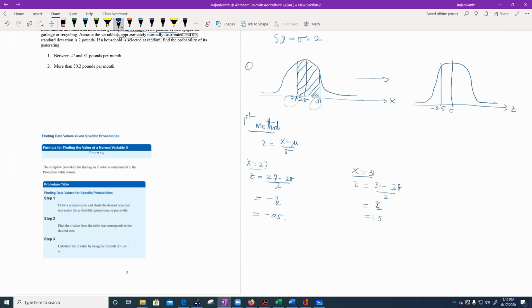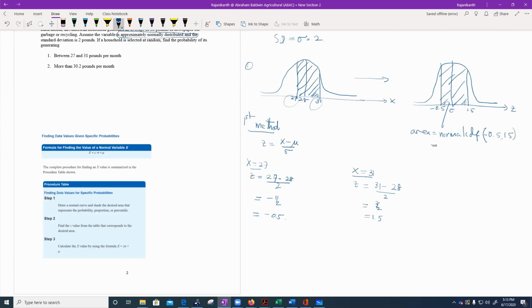And for 31 I got 1.5, that is my 1.5 for z. So now my area is nothing but the standard normal area from negative 0.5 to 1.5. Therefore the area here is normal CDF, which is negative 0.5 to 1.5.